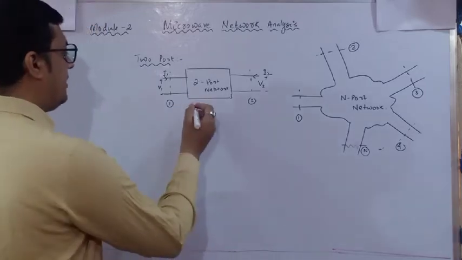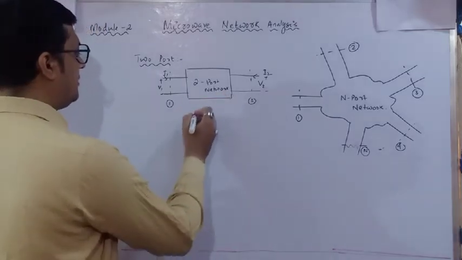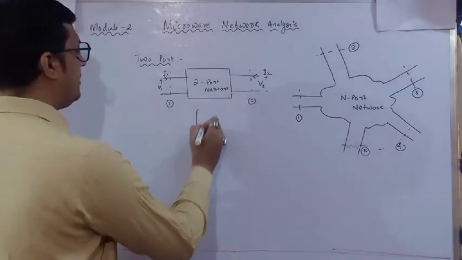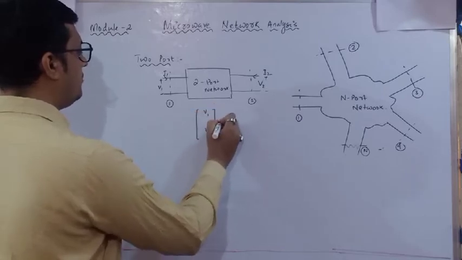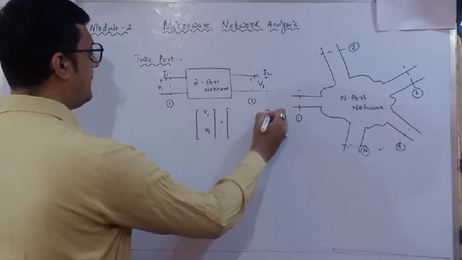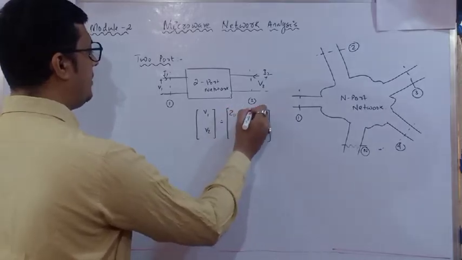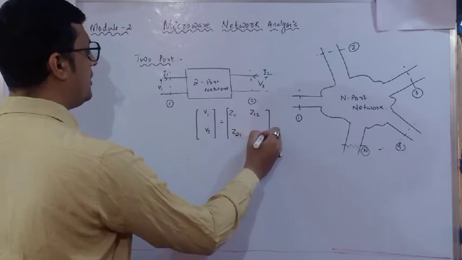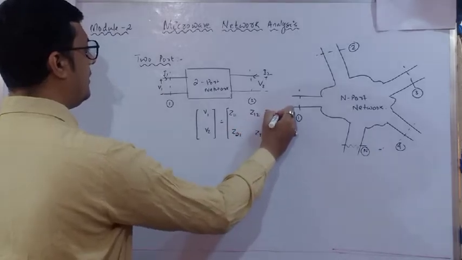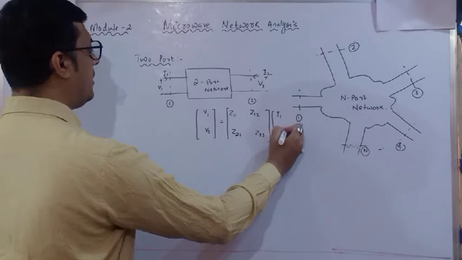So let me write the impedance matrix for this. V1 and V2, and here it is Z11, Z12, Z21, Z22, and here it is current I1 and I2.